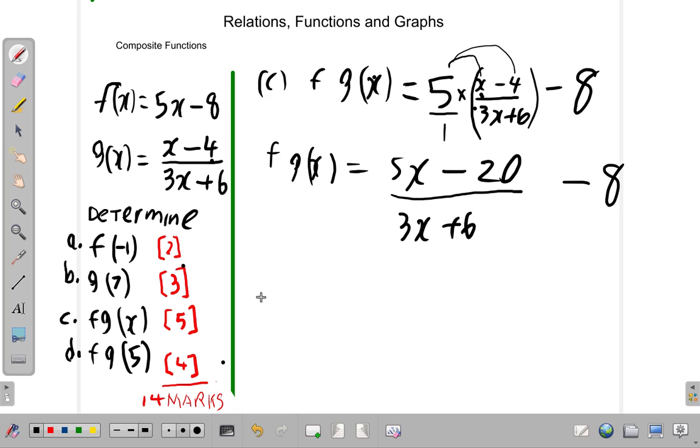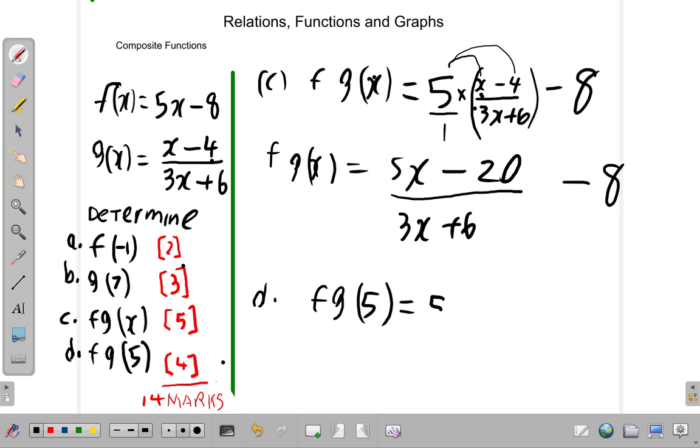Now, what about d? D says we must find fg of 5. Now the thing is, we already know fg of x. So we look at fg of x, and then to get fg of 5, we replace x with 5.